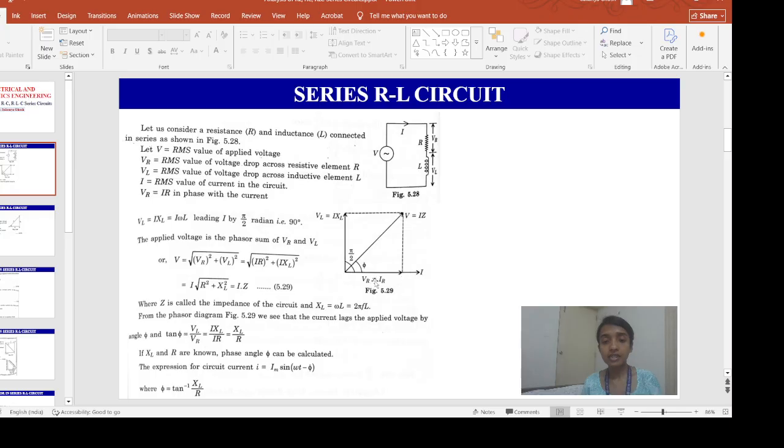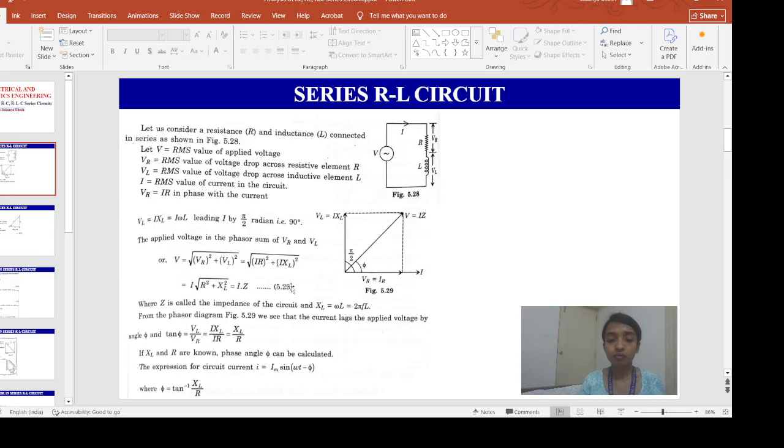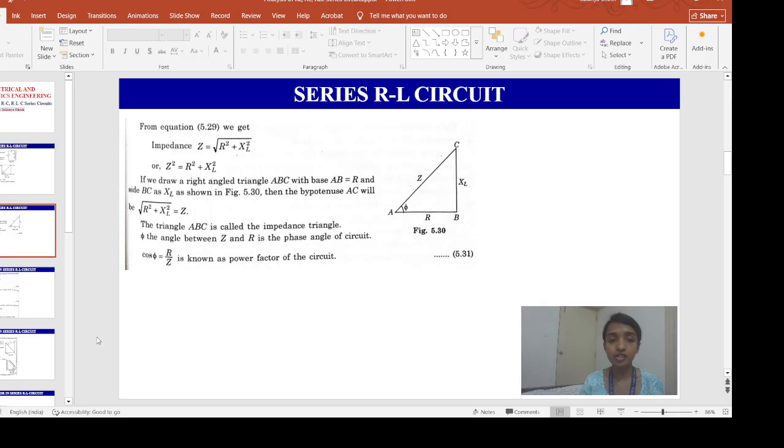Because in this circuit the current is lagging behind the voltage by an angle phi. Im is the peak value of the current, where phi, as we just found, equals tan inverse of XL by R.